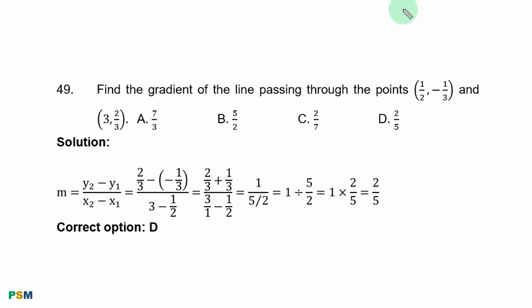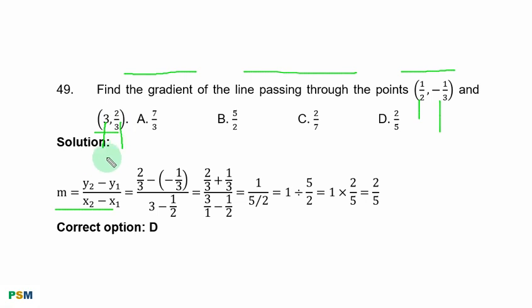Question 49. Find the gradient of the line passing through the points shown. The gradient or slope is given by this formula. For this point, you have x1, y1. You have x2, y2.